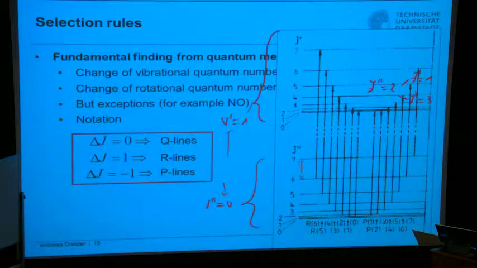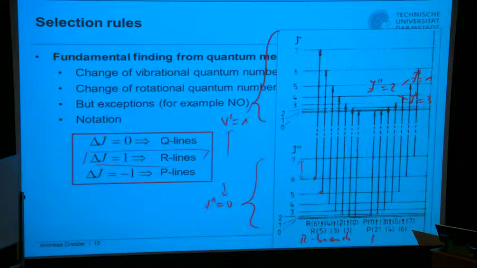And then let's follow up what we have. We have here the so-called R branch, that is the manifold of all lines that have the selection rule delta J plus 1. Let's follow one, for example, the R6 line that goes from 6 to 7. Or here the R5 line from 5 to 6.